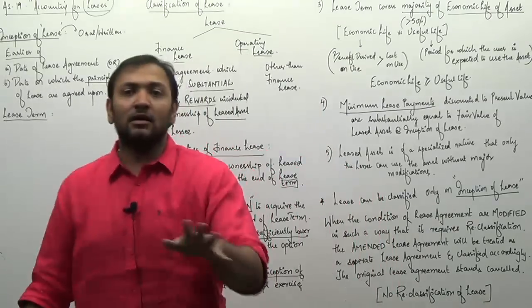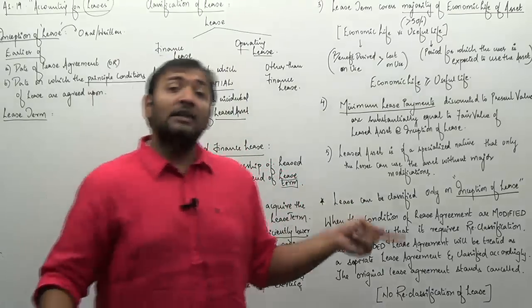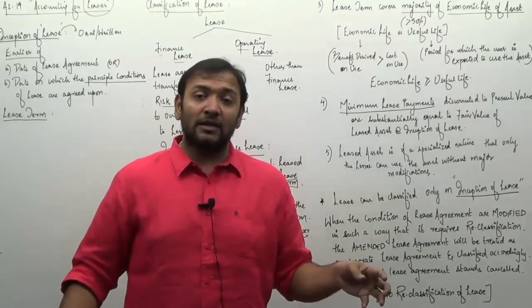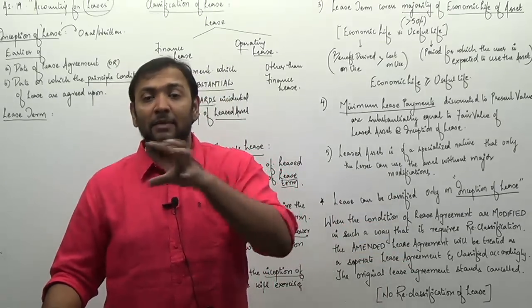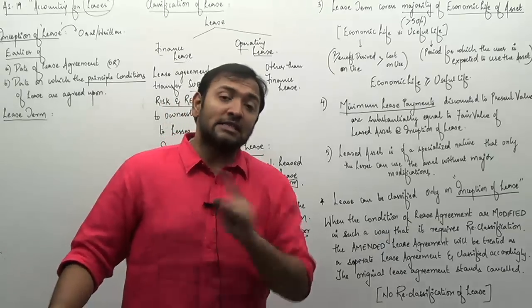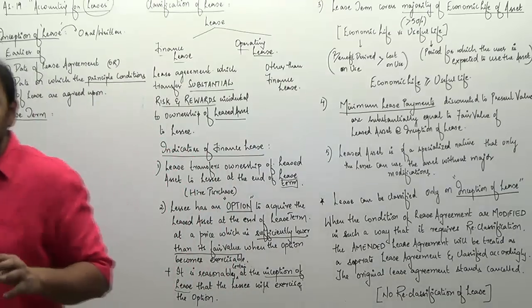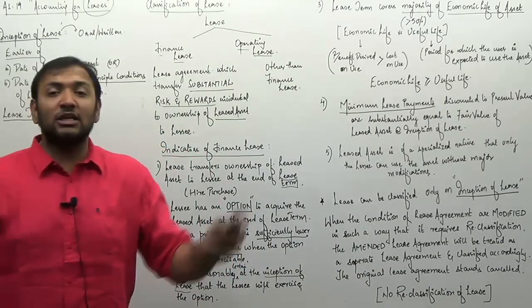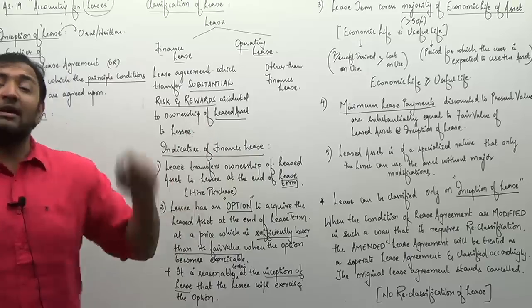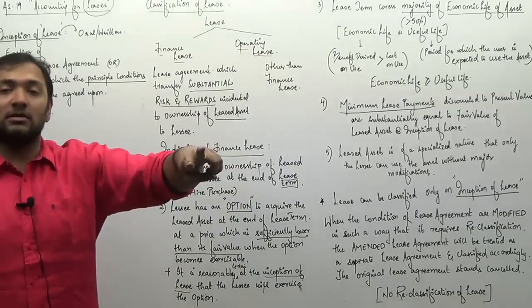If he stops here, then the condition is very simple. But he adds an additional condition: if the lease can be extended at the option of the lessee, then even that extended period should be included as a lease term. Let's say the lease was initially written for 3 years, giving an option to the lessee to extend the lease for 2 more years.